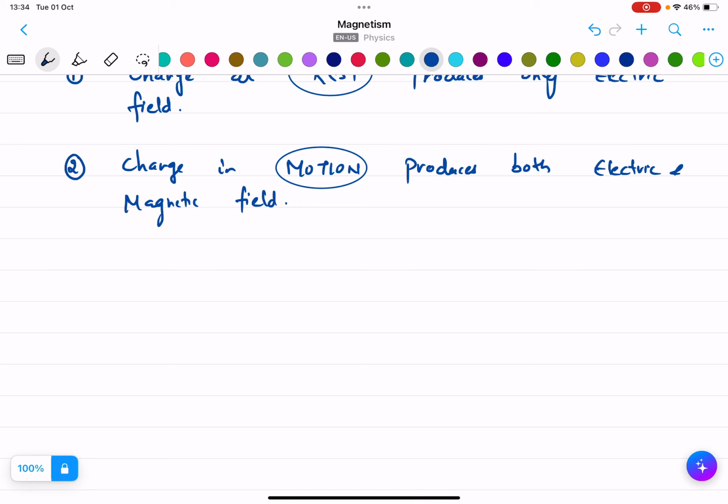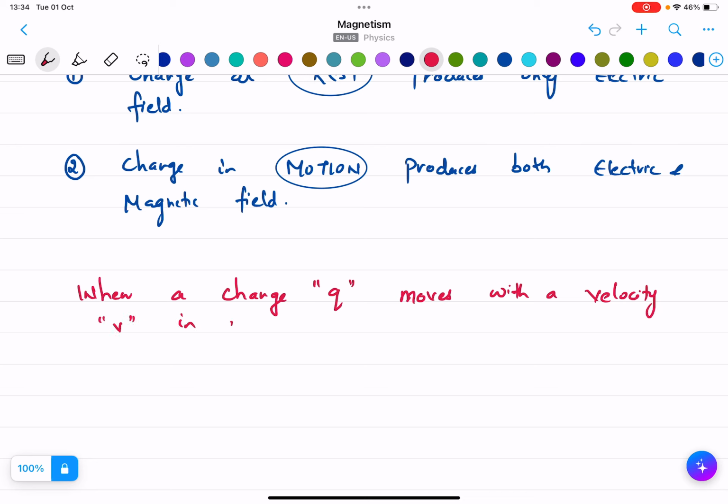So what will happen when a charge Q, let us say charge Q, moves with a velocity v in a uniform magnetic field?